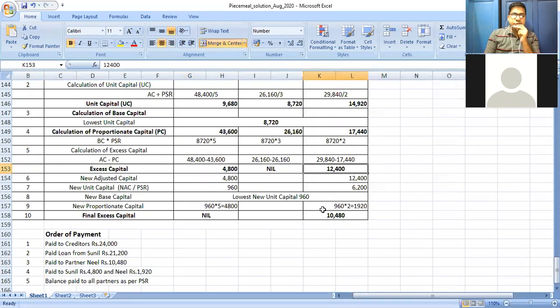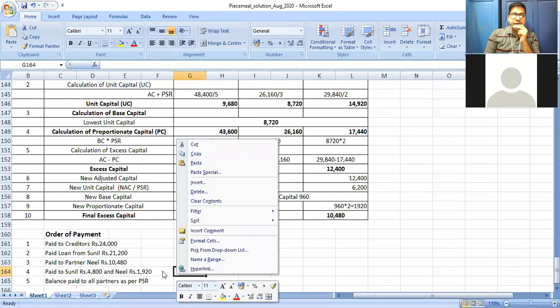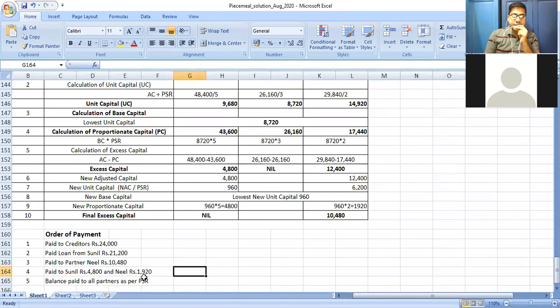From this 12,400, 10,480 is already paid. It means the remaining amount we have to pay to Neil is 1920, and Anil's value we have to pay is 4,800.